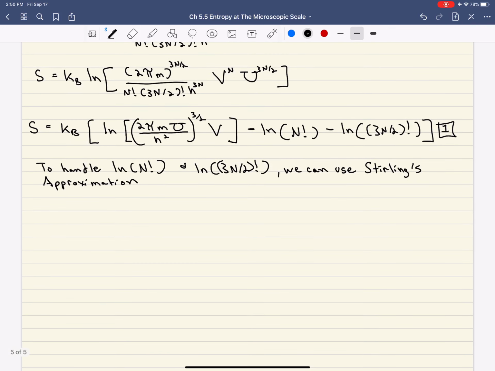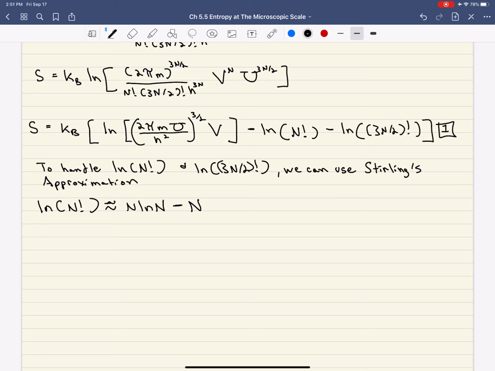I won't prove Stirling's approximation for you. It's kind of complicated. But essentially, Stirling's approximation says that the natural log of n factorial is basically equal to n times the natural log of n minus n. That's just what the identity is.